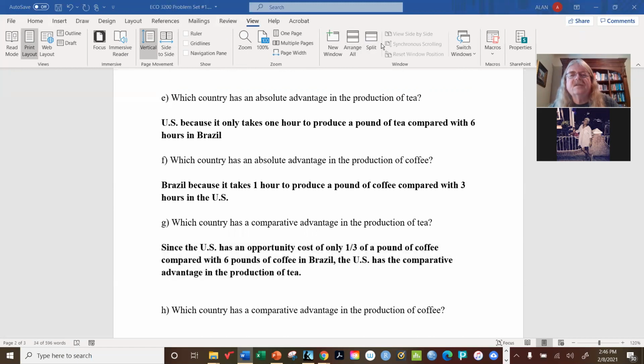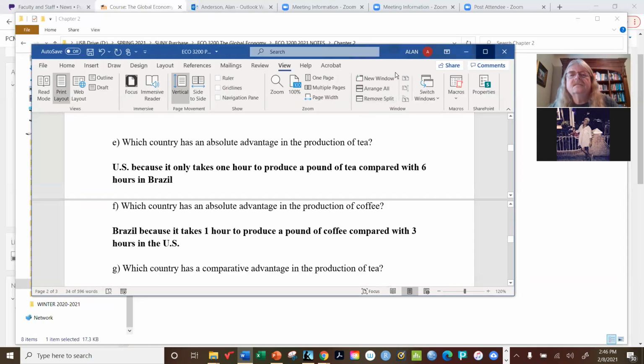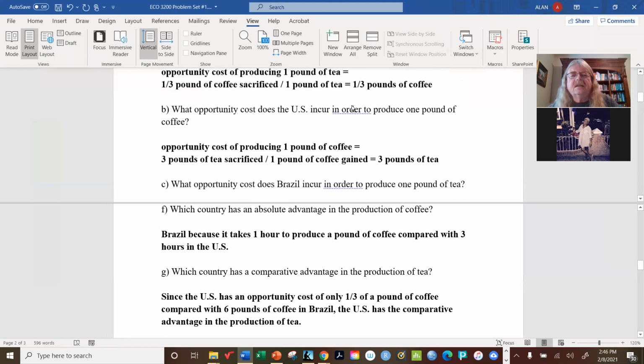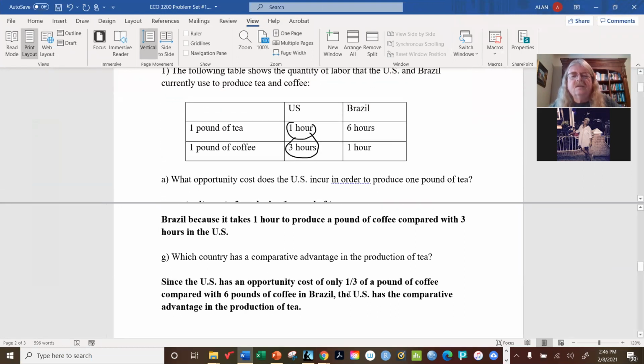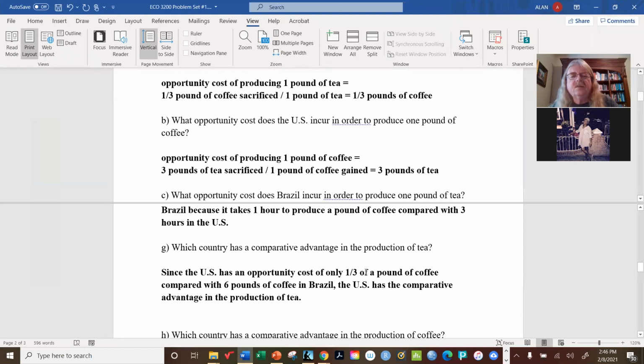All right, actually, I'm going to split this so I don't have to keep rolling back. Yes, I need this chart. All right, so in tea, the US has an opportunity cost of 1/3 versus 6 in Brazil.